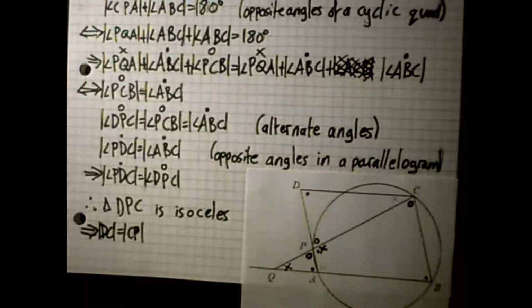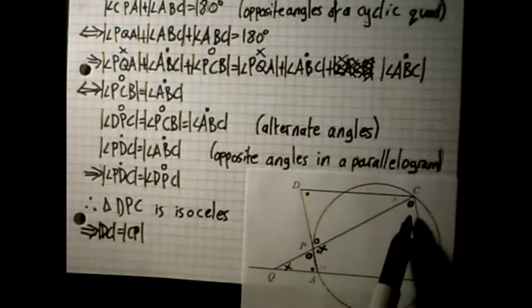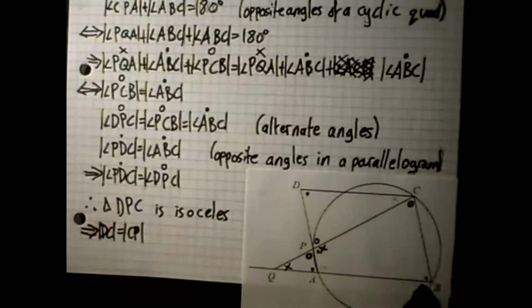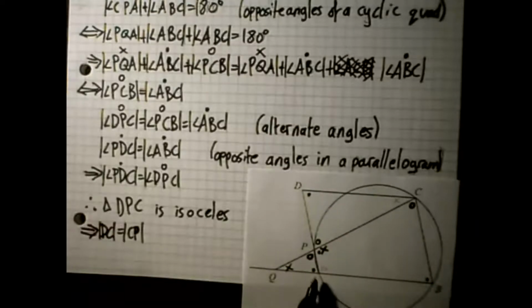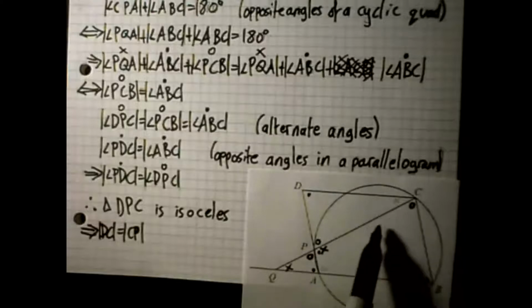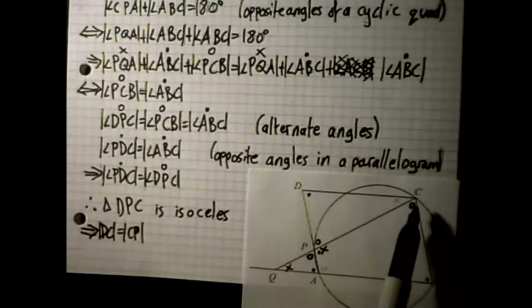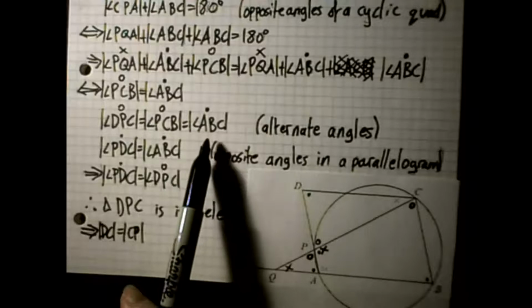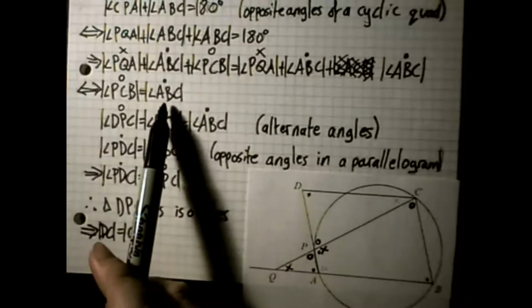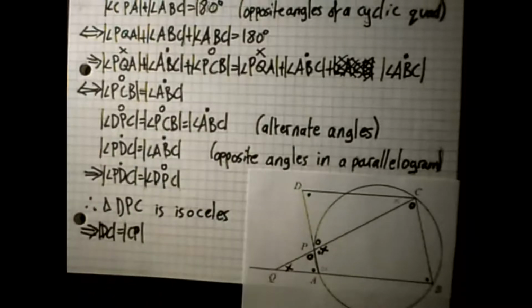Very last bit then is to say this DPC, that's this angle here in the diagram, is equal to PCB, because they're alternate angles. Remember CB and DA are parallel and they have this common line PC. They're also equal to ABC because PCB is equal to ABC, which I already said.